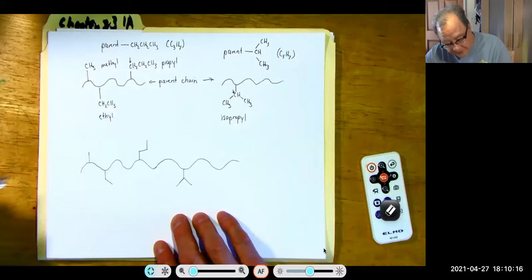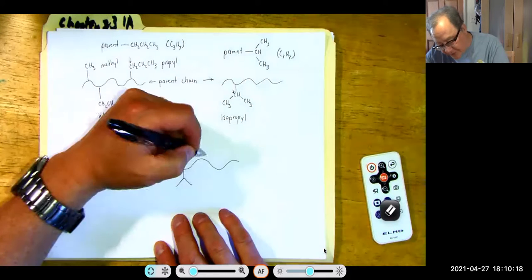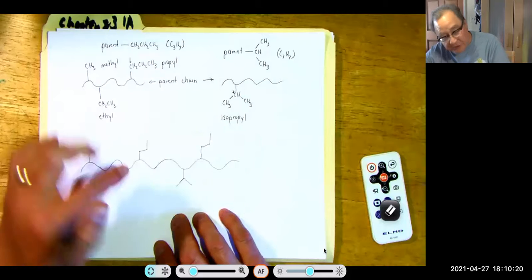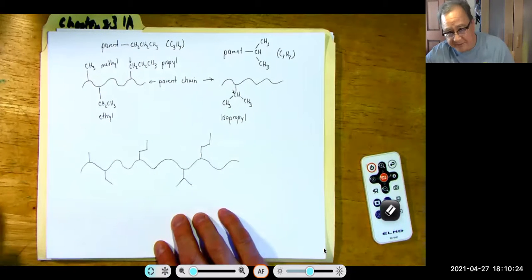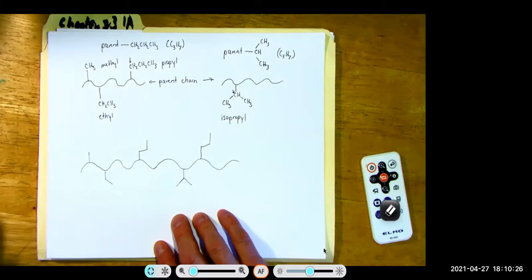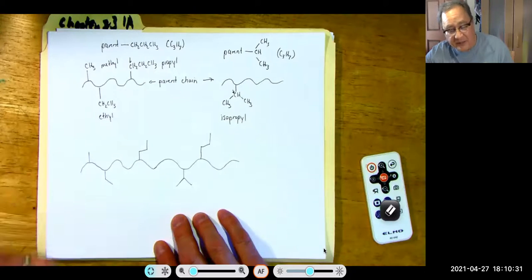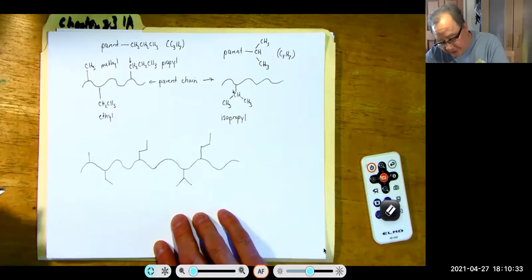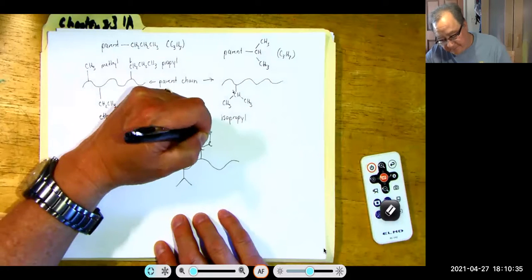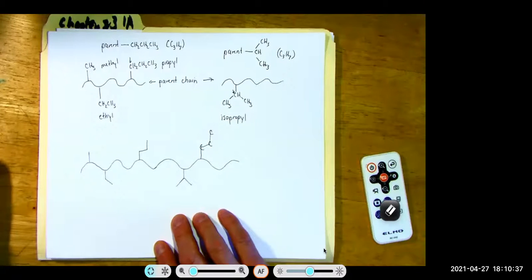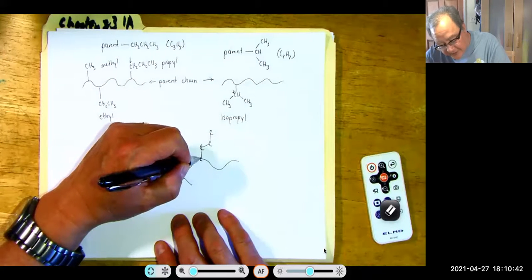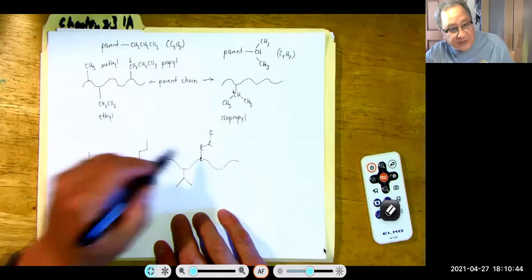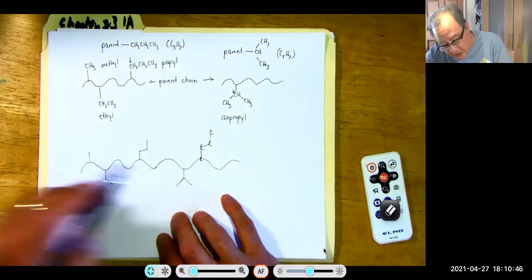And how do you interpret something like this? Well, the way you interpret this, I've just redrawn that here. Every line is a bond. And if you don't show what the bond is bonding together, it's bonding together carbon atoms. So these are carbon atoms. So there's 4 on that one. Well, and the parent, there's a carbon here, but the substituent is just these 3 carbons.